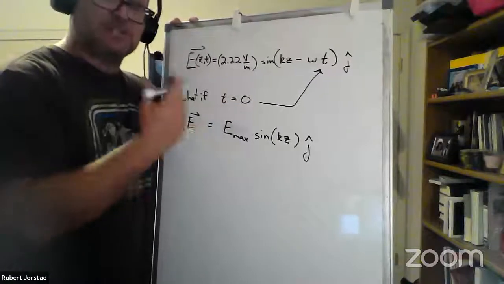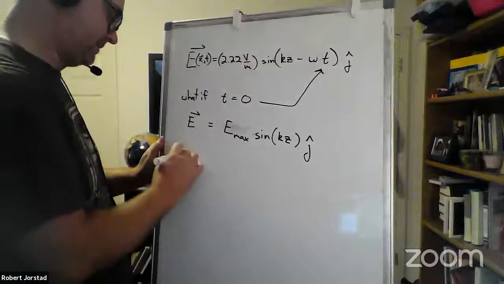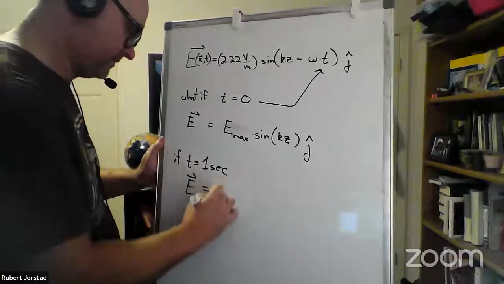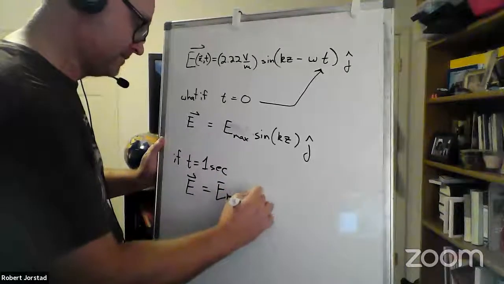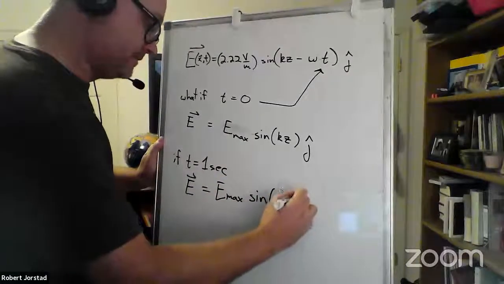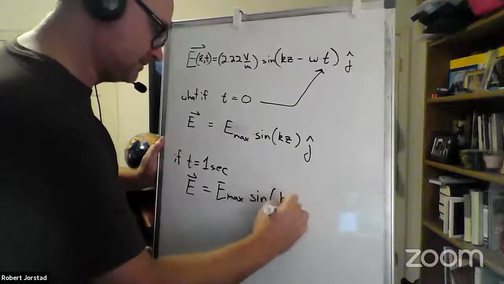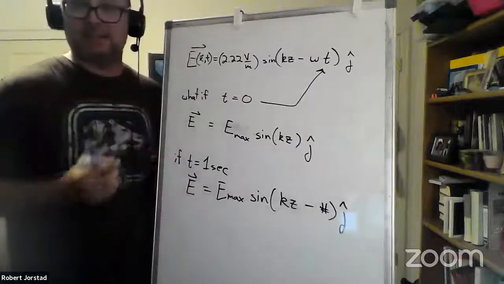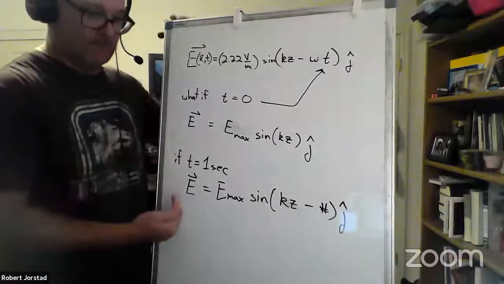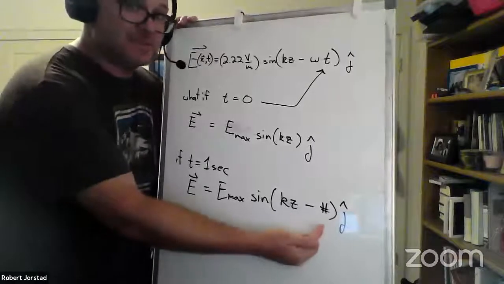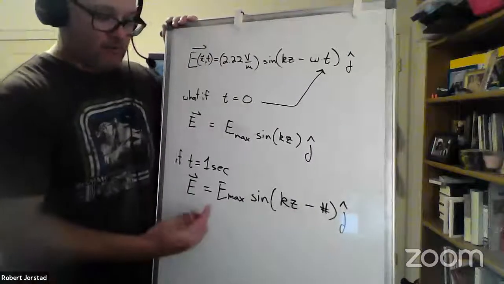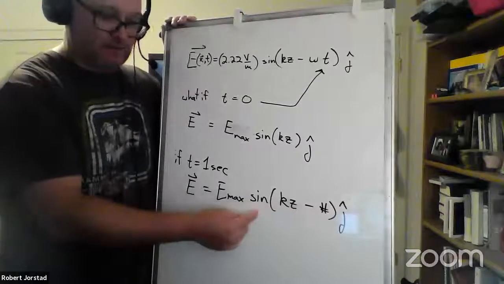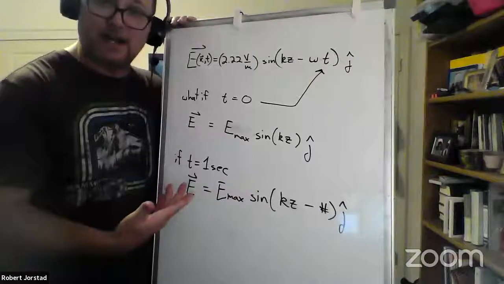Now, if you go to a slightly larger time, the idea is after a short period of time, that's going to change. It basically introduces a phase shift, if you will. But what we're seeing is the sine wave will shift. So at the same position in space, the electric field will be different at some later point in time.